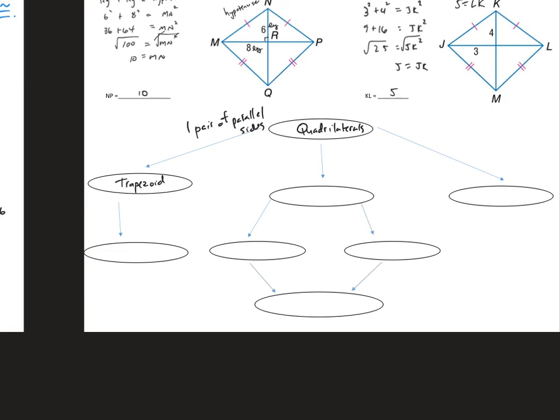We studied a specific trapezoid today that was the isosceles trapezoid. Then we looked where we had no pair of parallel sides, and that was a kite.